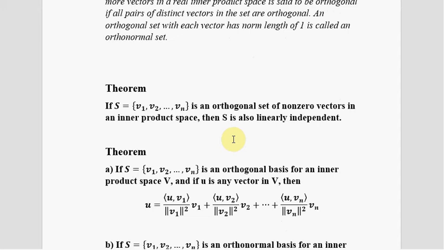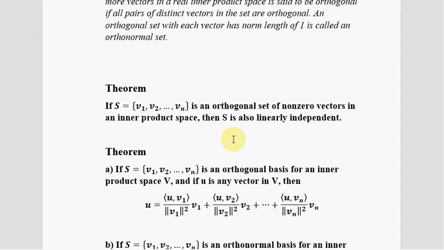So first, if S is some orthogonal set of non-zero vectors in an inner product space, then we say that S is also linearly independent. One neat way to get linear independence is that the vectors would be orthogonal.